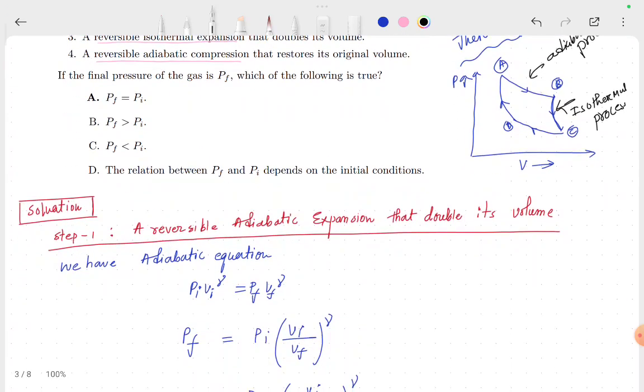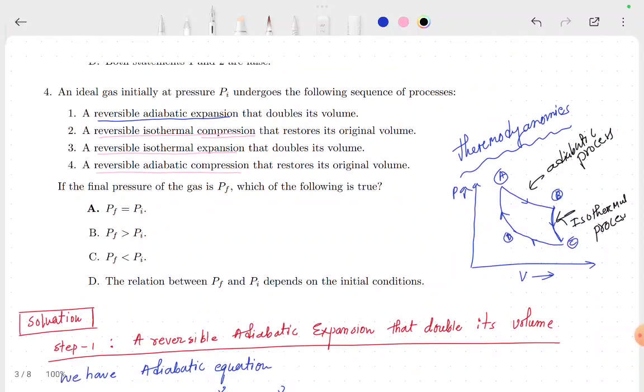After this process, what is the final pressure Pf of this gas? Is it equal to the initial pressure, greater than the initial pressure, less than the initial pressure, or does the relation depend on the initial conditions? But notice that this process does not follow the Carnot engine exactly, because process 3 should have been reversible adiabatic compression, but it is not.